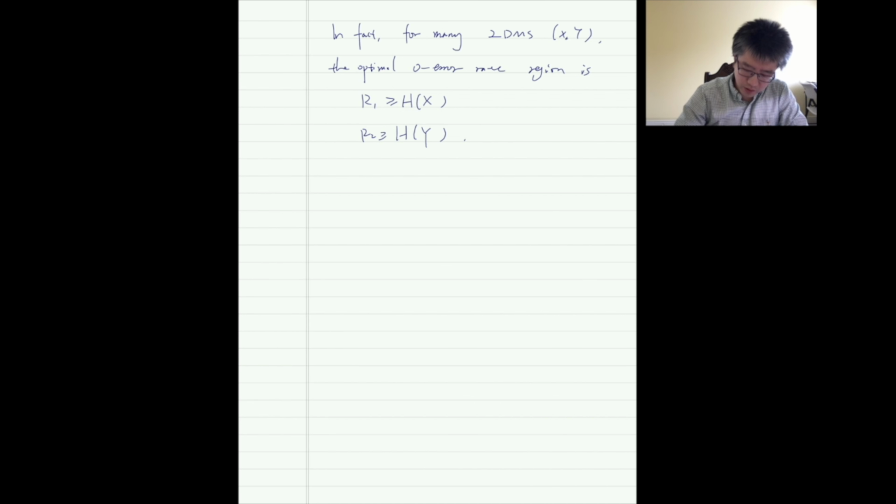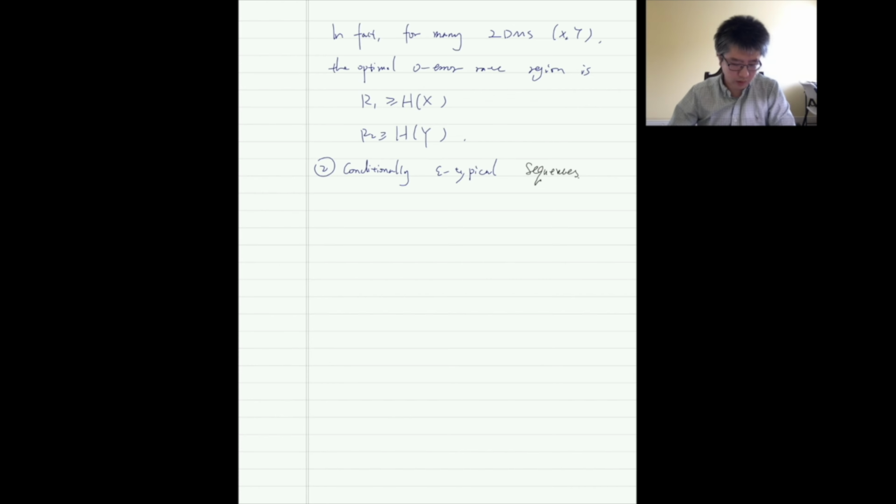Okay, great. Now let's talk about the achievability. Before that, we need to introduce the conditionally epsilon typical sequence. Let's recall the definition of the jointly epsilon typical sequence, denoted by A epsilon in XY.